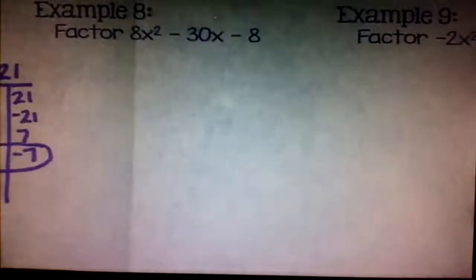Okay. Do me a favor. Skip down to example 8 on page 94. You should have glued this in on 94 yesterday.